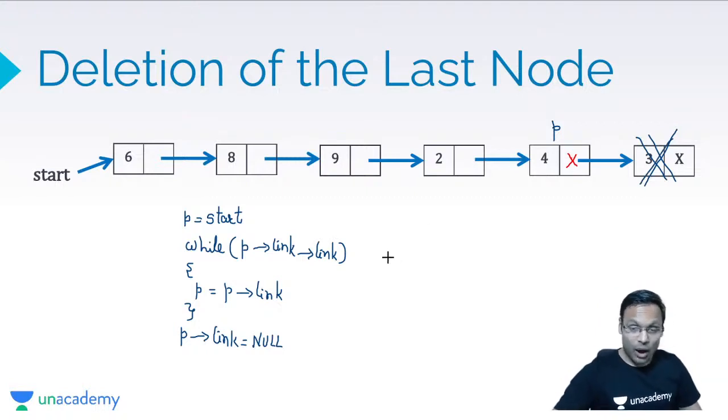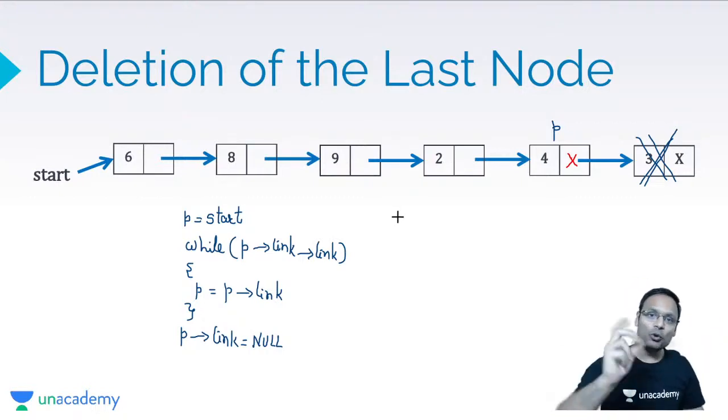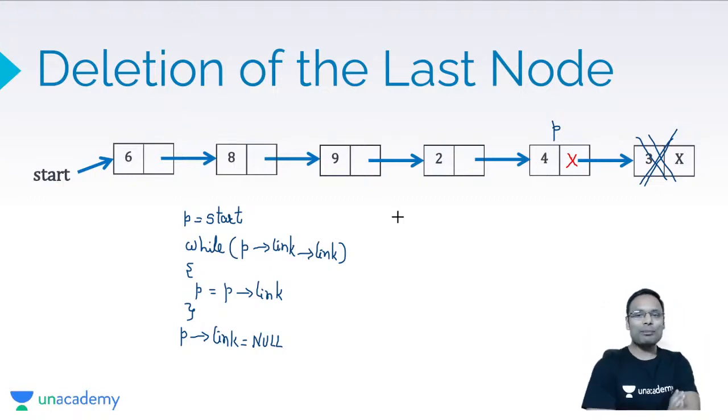Now I will have to handle the conditions. What are the conditions? The base conditions. If you don't have any node, अगर आपके पास नोड ही नहीं है, empty list है, तो क्या करेंगे? And if you have only a single node, second last तो कुछ होगा ही नहीं, then क्या करेंगे?